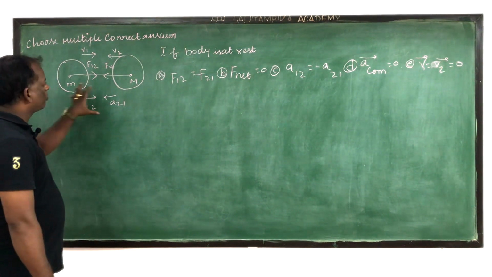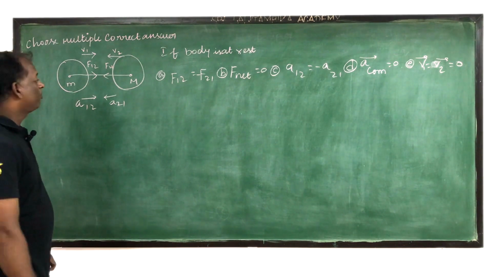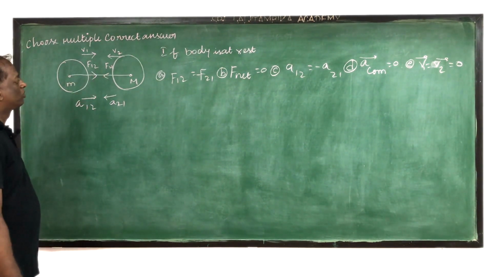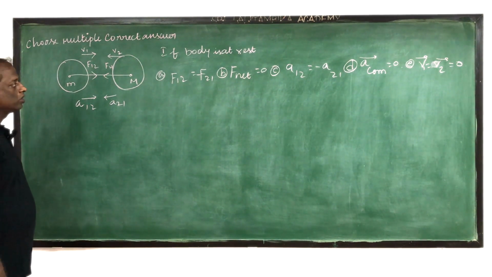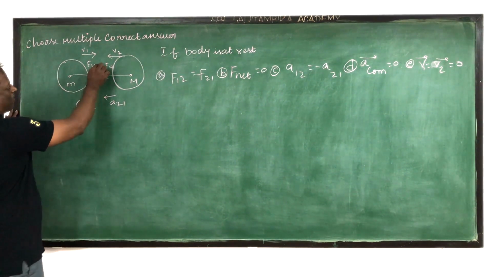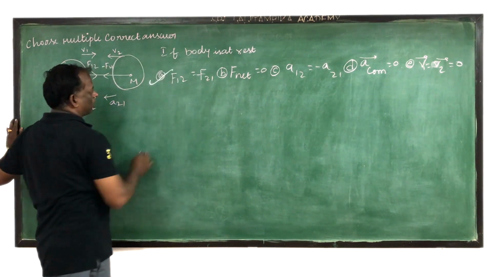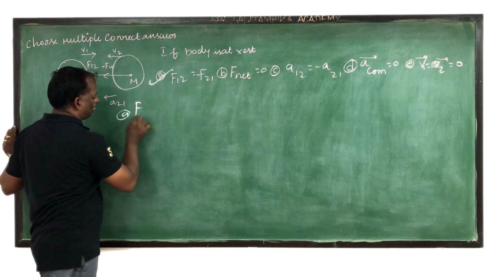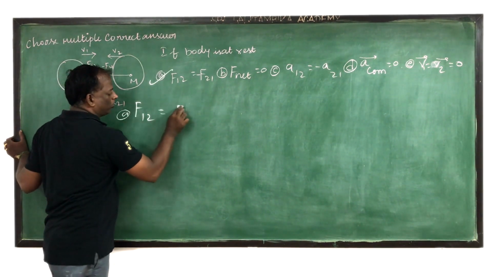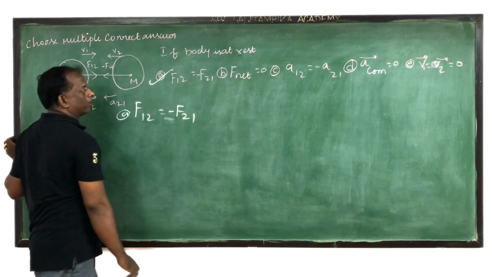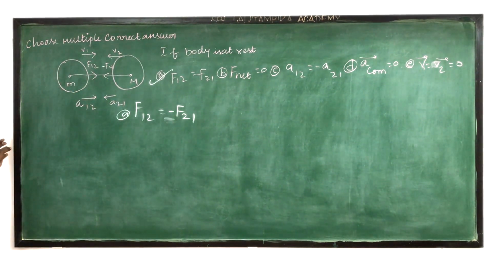There are two masses, small m and capital M. The force of attraction F12 is equal to F21. If F12 is the force of attraction like this, then F21 will be the force in the opposite direction. So the first one is correct. That is, option A: F12 is equal to minus F21.